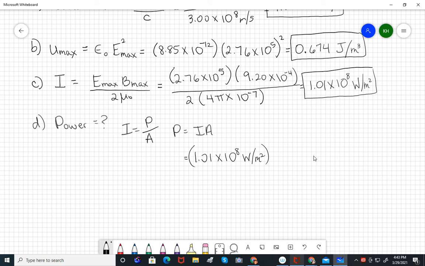Our area was given to us as 2 square millimeters. I know 1 meter is 1,000 millimeters, and I'm going to need to square that. So if we put that in our calculator, it comes out to be 202 watts.